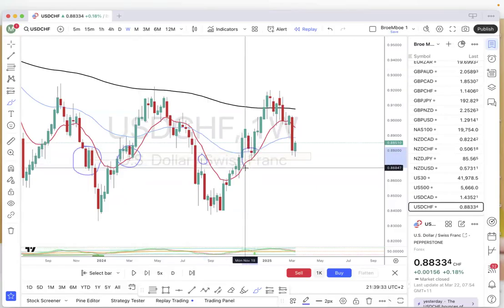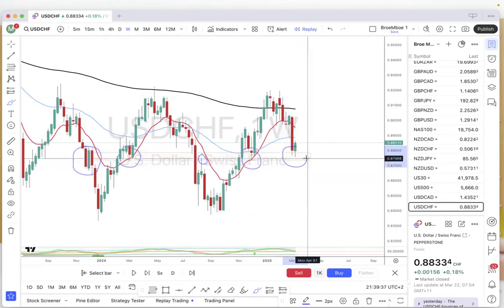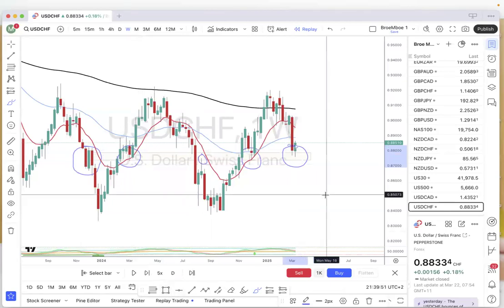And then again, it came and reacted there. So I was expecting something similar. But again, I'm not saying that you just need to look at that and say, oh, yep, that's the only thing that I'll use when I'm trading. Not really the case, but I was looking at what price was doing in that area.